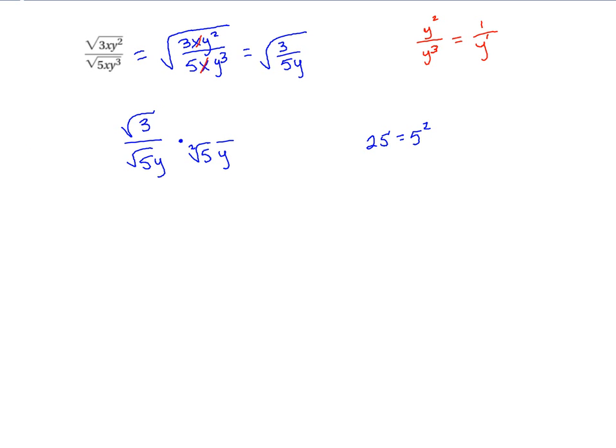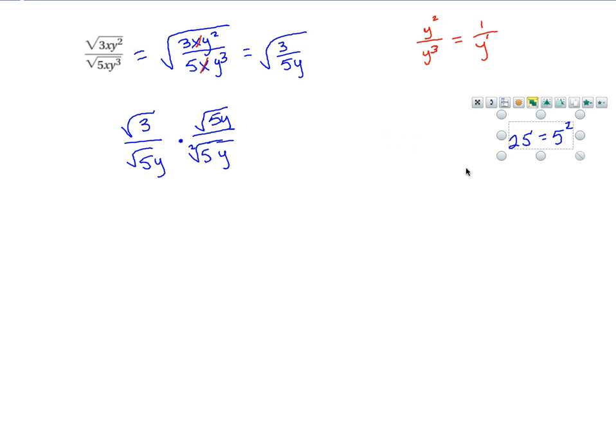But that is what we're going to get out here in a second. Over, and anytime you're rationalizing the denominator, you are multiplying by 1. So we're going to multiply it by another square root of 5y. All right, I'm going to move this over here to the side a little bit more. There we go.